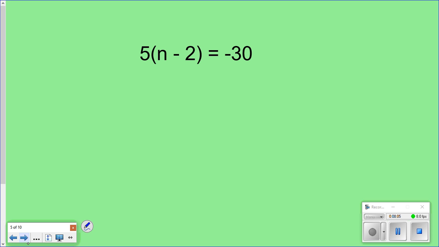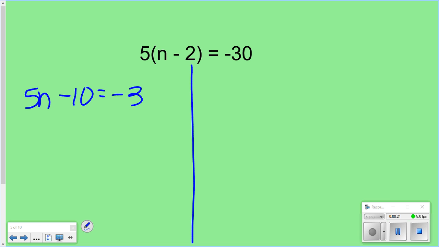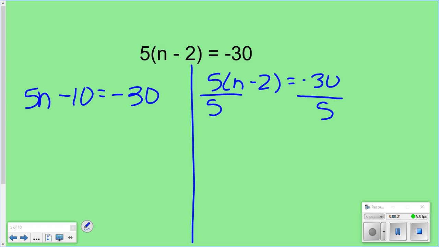All right, so how many of you did the distributive way? How many like that? How many of you did the division way? Okay, so this is distributive way. If you distributed, this is what it should look like. 5n minus 10 equals negative 30, right? If you were dividing, this is what you did. The first step you did was this. Okay, right?